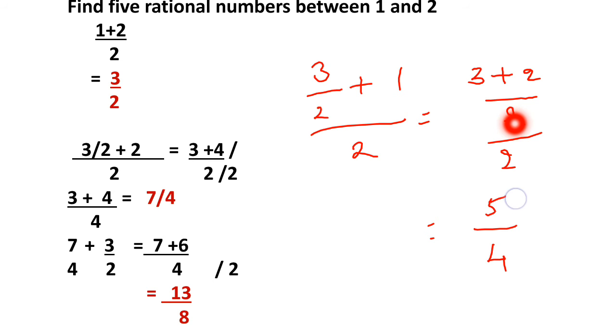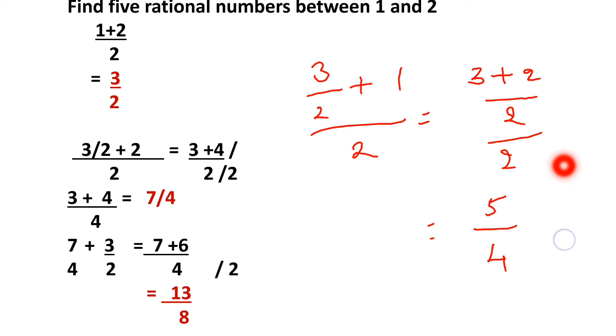So 1 2s are 2, that 2 multiplied by this 1, 1 2s are 2, right? So 3 plus 2 divided by 2, whole divided by this 2. So we will get 3 plus 2 is 5 divided by 2 into 2, that is 4.